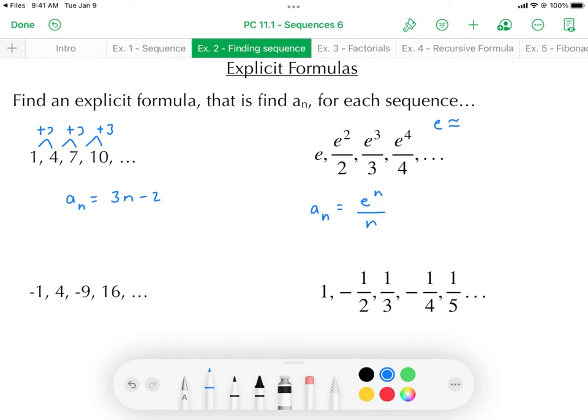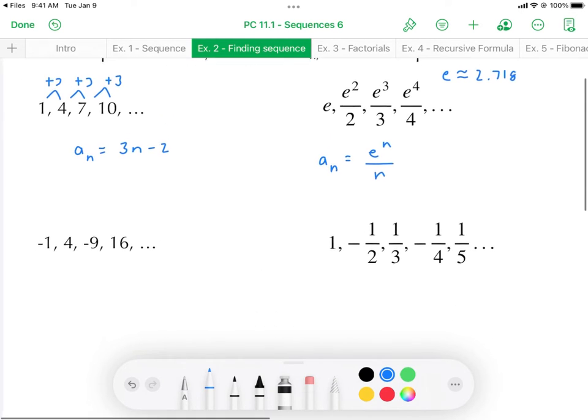Anybody remember what it approximates to? .718. Very good. Remember, this shows up in a lot of application problems, one of which was continuously compounded interest. We had the PERT formula, P times e to the power of RT, right?